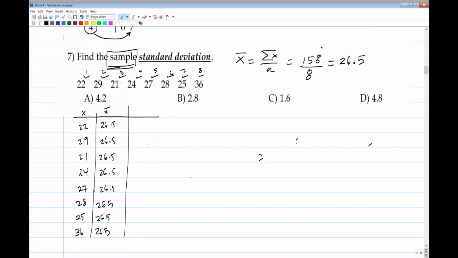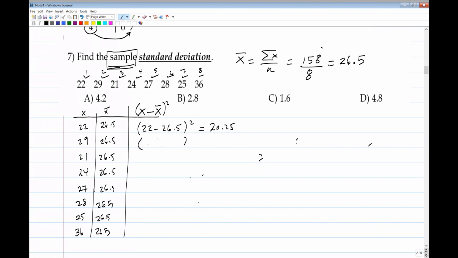Now when we go to the next one, we take the value, subtract the mean, and then square the value all the way using the table right here. So it's going to be 22 minus 26.5, and then we square. The answer will be 20.25.